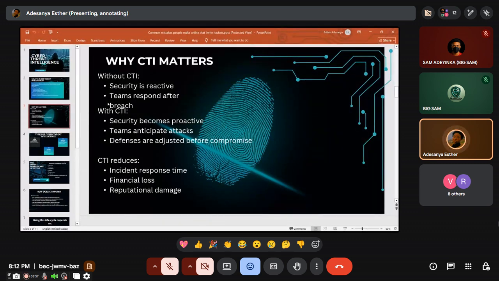With CTI, security becomes proactive. The teams anticipate attacks, and defenses are adjusted before compromise. CTI reduces incident response time. It reduces financial loss and reputational damage.